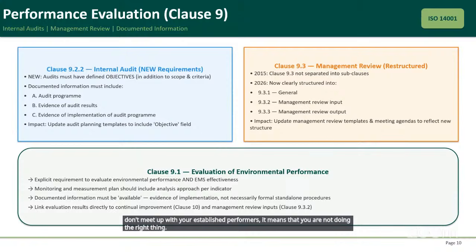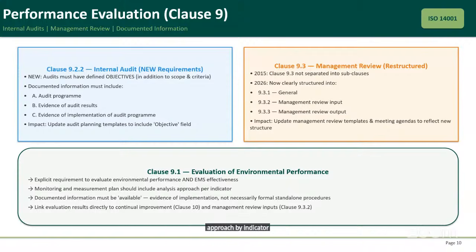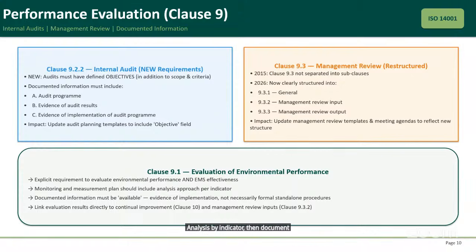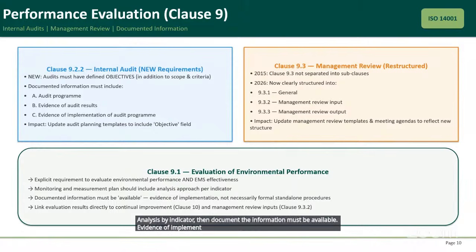Then the monitoring and measurement plan should include the analysis approach by indicator. There must be a way that you monitor your process such that you understand the units you are using for measurement. Analysis by indicator. Then documented information must be available, as evidence of implementation, not necessarily a formal standalone procedure.